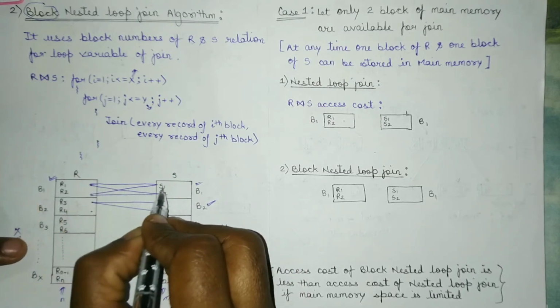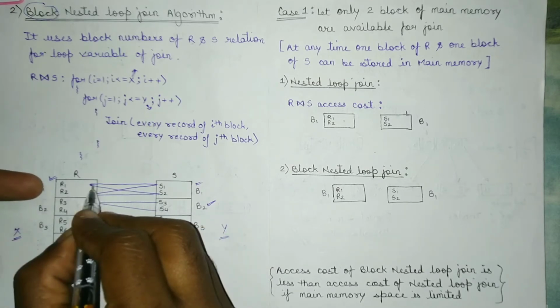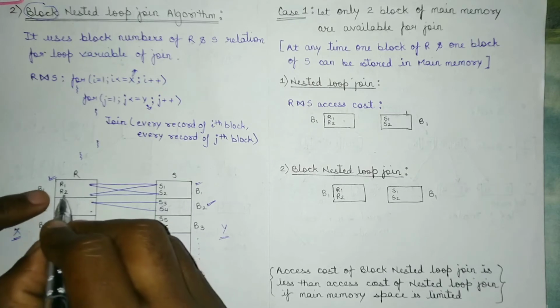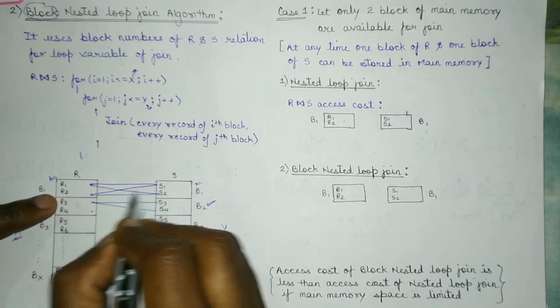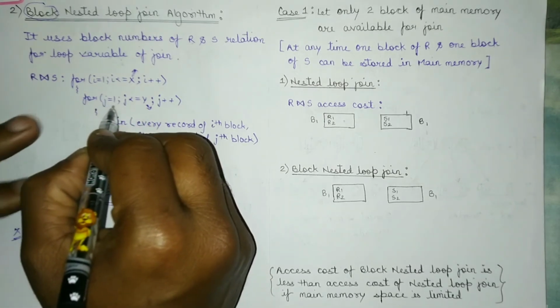R1 is mapped with S1 and R1 is mapped with S2. Now we will be moving on to the next record of the block in R. So R2 will be mapped with S1 and R2 will be mapped with S2. So J equal to 1 is done.